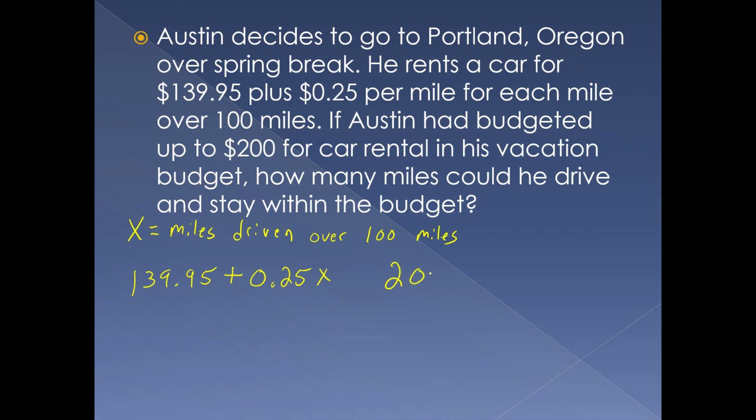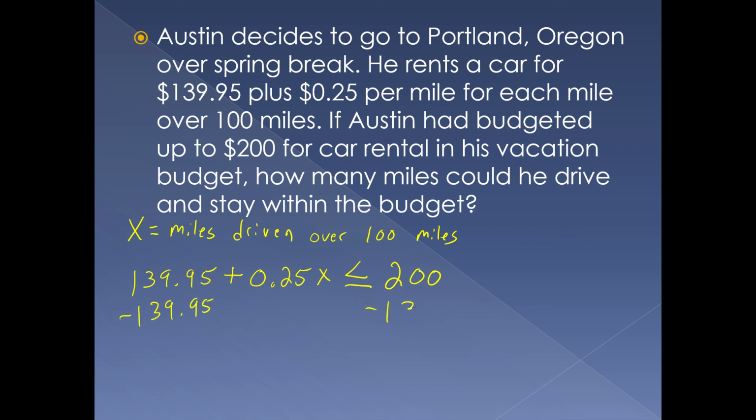So if he wants to spend up to $200, could he spend exactly 200? Yes. Could he spend more than 200? No. Could he spend less than 200? Yes. So the amount he spends, which is this, needs to be less than or equal to 200. All right, so take a moment to solve this if you've not done so already. So we're going to subtract 139.95 from both sides.